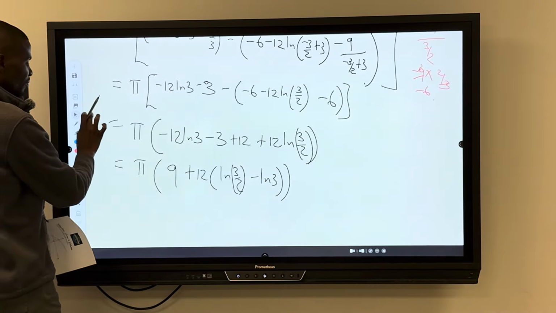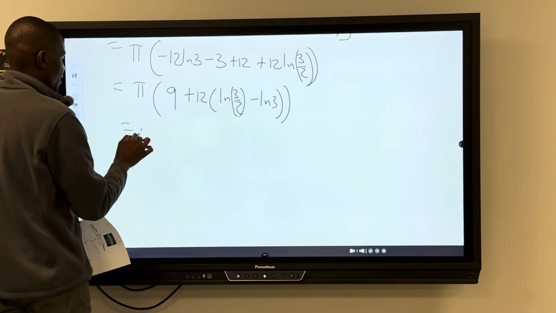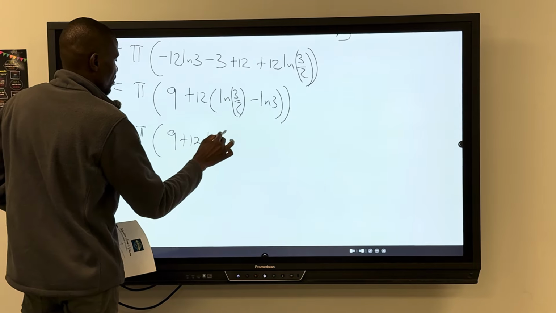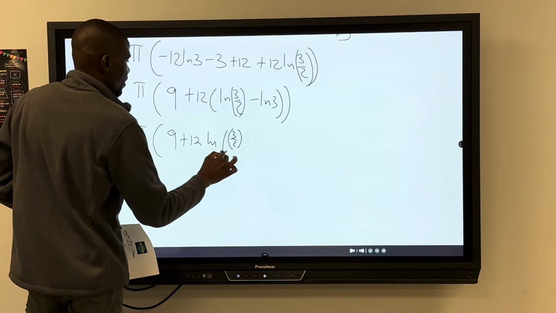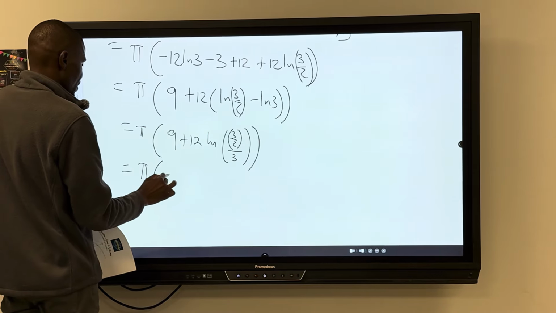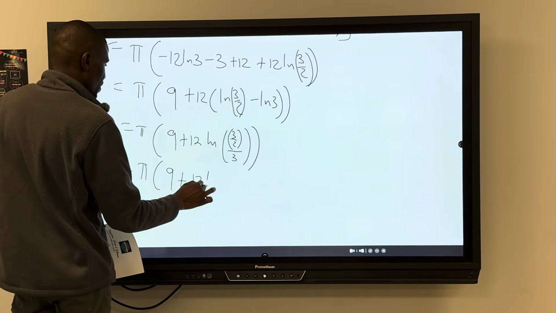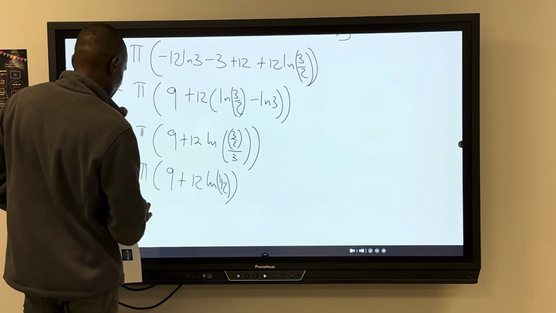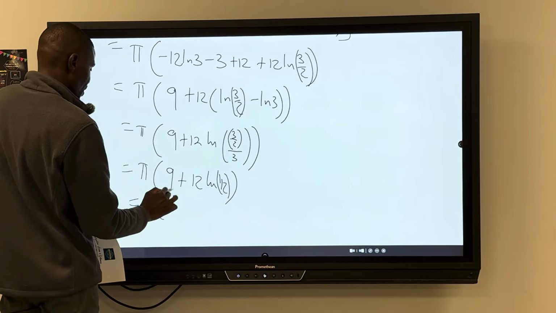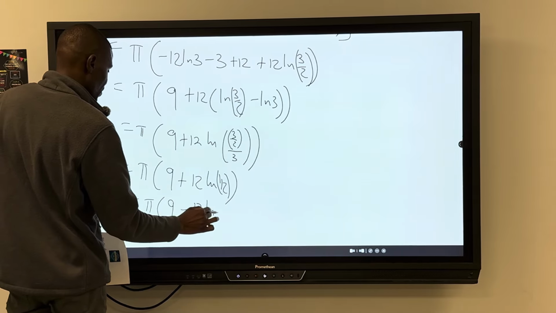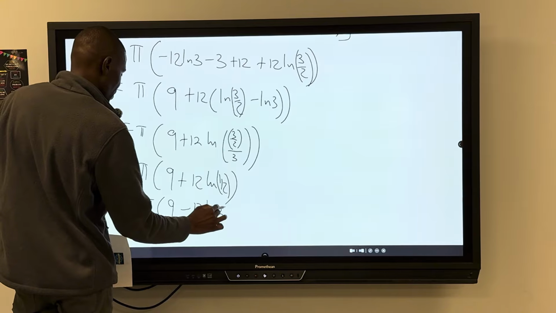Okay, and if we simplify, it is 9 plus 12 natural log of 3 over 2 divided by 3, right, which is pi times 9 plus 12 natural log of 1/2, which is the same as saying pi times 9 minus 12 natural log of 2, right?